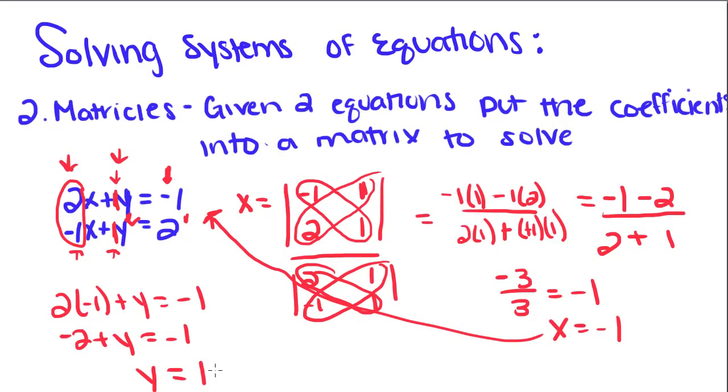Or you could put it in another matrix for y. You would do the same thing, except you would start here and then do this one. So I'm going to show you how to do the y coordinate in a matrix, just so you know what to do.